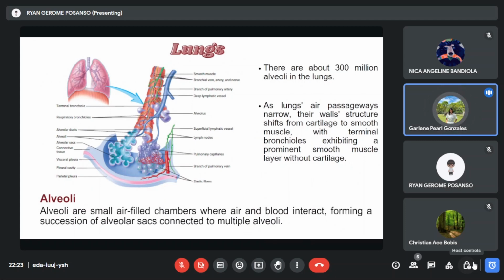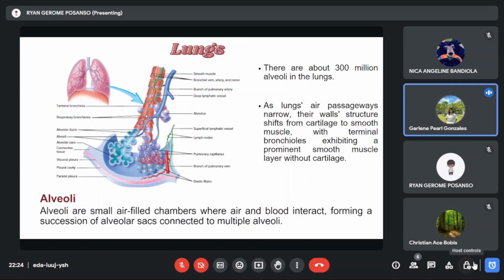Furthermore, alveoli are small air-filled chambers where air and blood interact, forming a succession of alveolar sacs connected to multiple alveoli. So there are about 300 million alveoli in the lungs. And so as you can see in the image, the alveoli are like parang small circles.